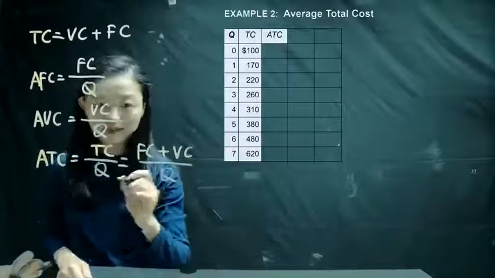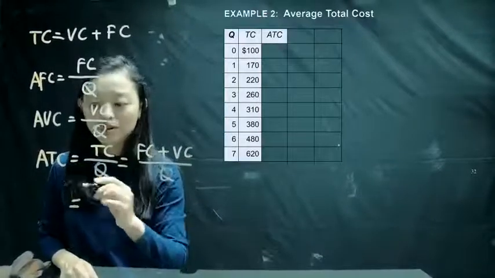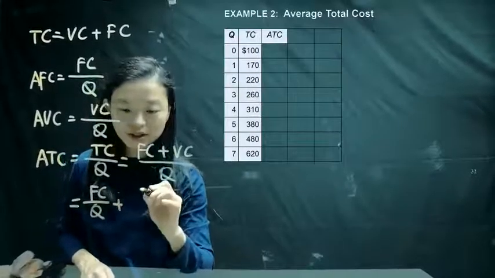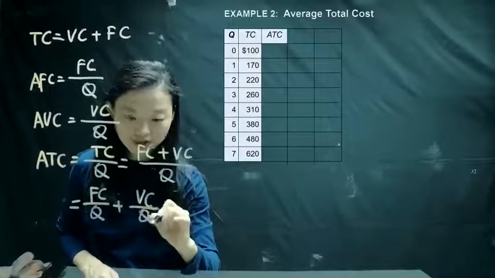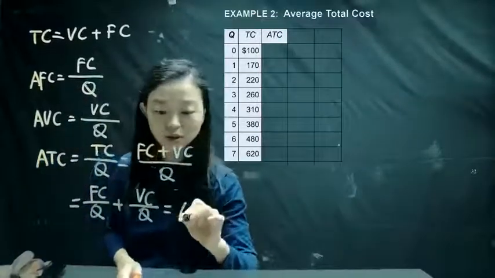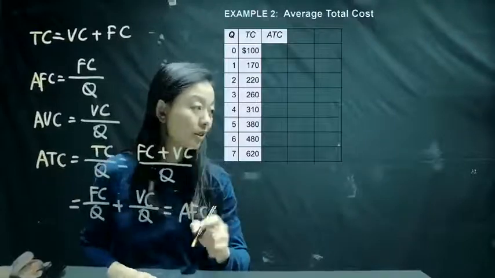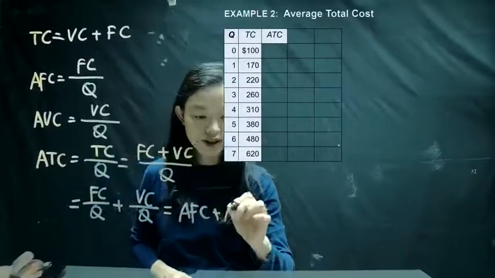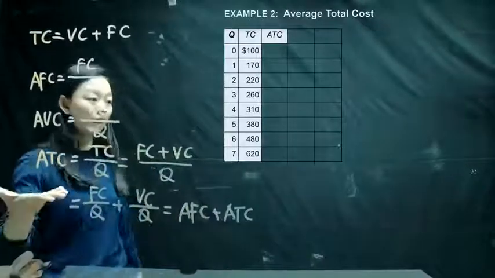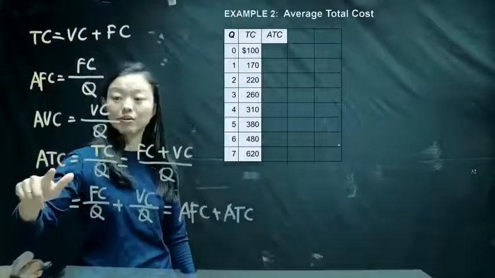Therefore, this is just equal to the summation of average fixed cost and average variable cost. Okay, so this is two ways we can compute the average total cost.